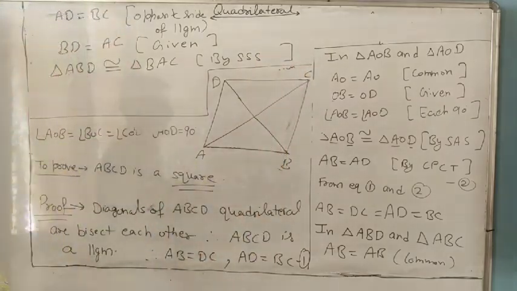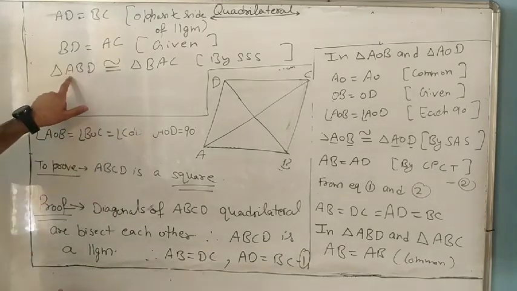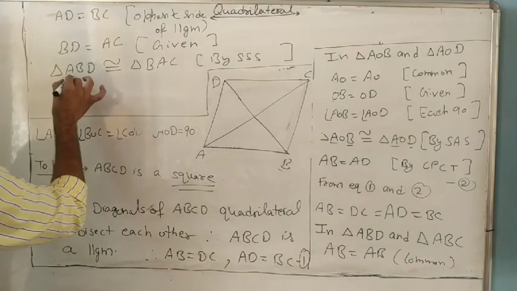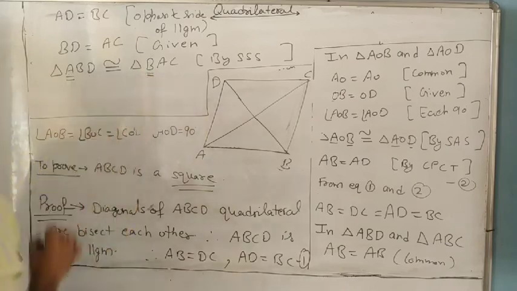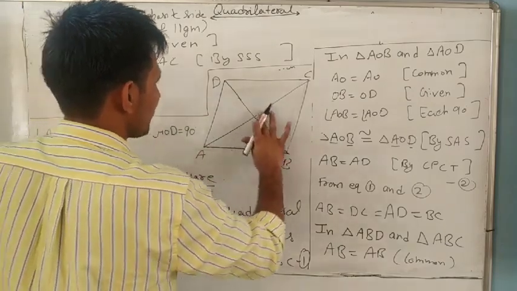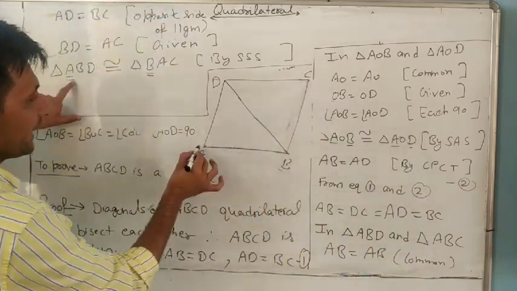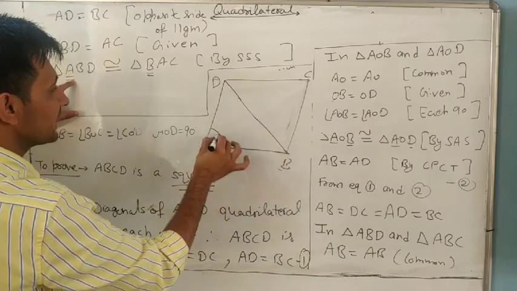And if two triangles are congruent, corresponding parts are always equal. It means angle A in ABD equals angle B in BAC.